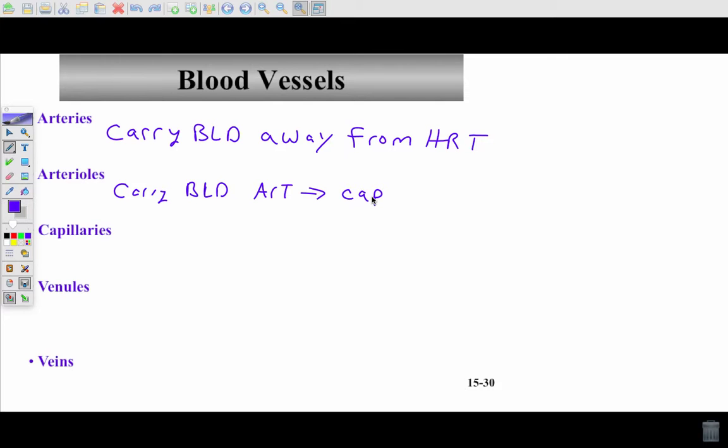Capillaries is where we have exchange of material between blood and the tissues of the body.